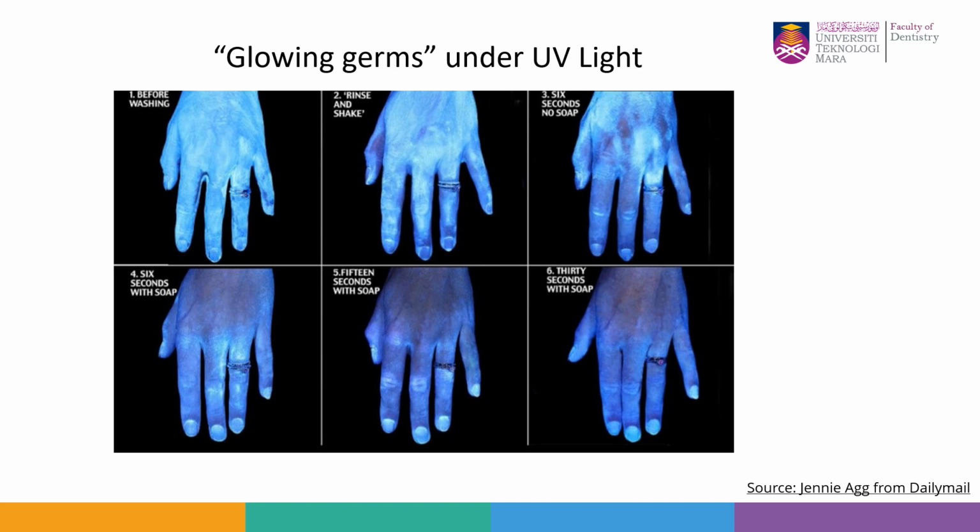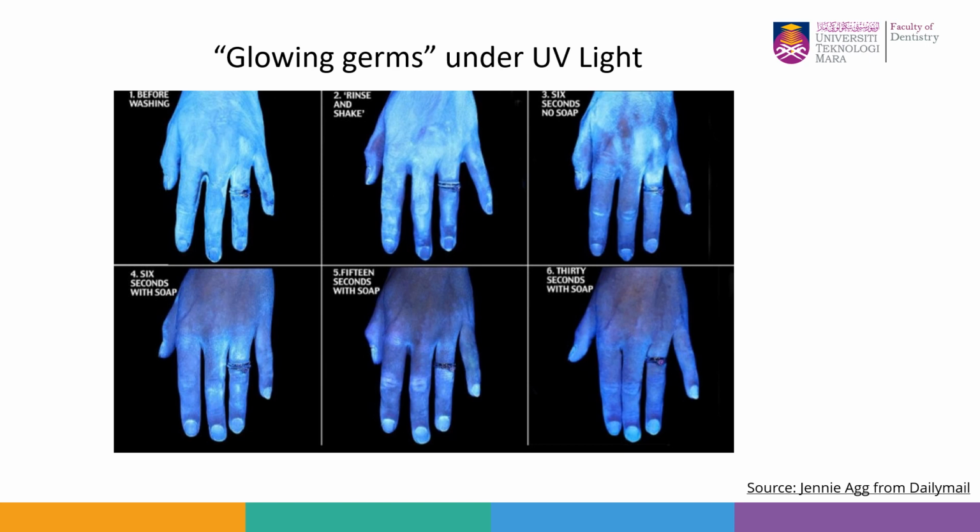And you can still see an abundance of the powder, the light color still blue. And then number three is 6 seconds, no soap. So this person washed his or her hands under water for 6 seconds without soap. Okay, so you can still see a lot of powder there.